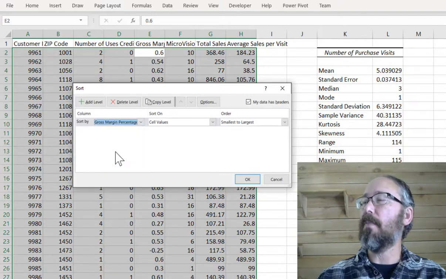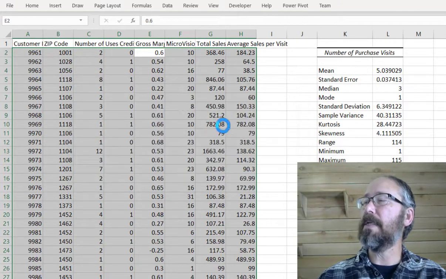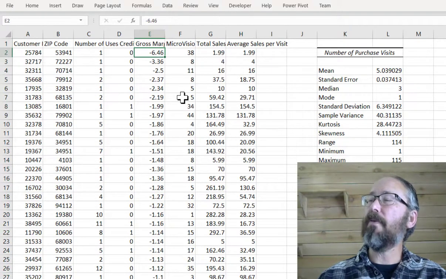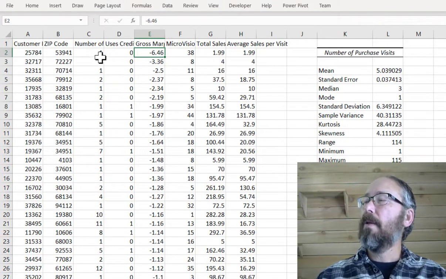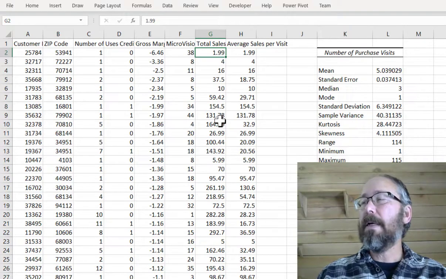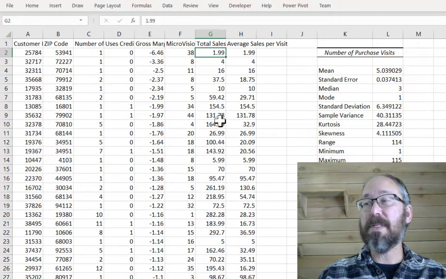So gross margin percentage, we're going to go smallest to largest because we want to see that negative. So negative 6.46. The person visited one time, bought an item for $1.99. Yeah, I think this could be valid data. Again, we would have to maybe dig into it more and have specific information about the products that were purchased by these customers.